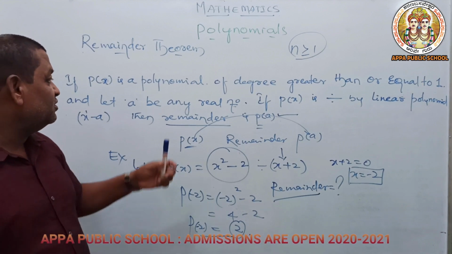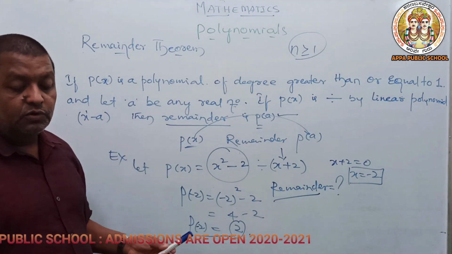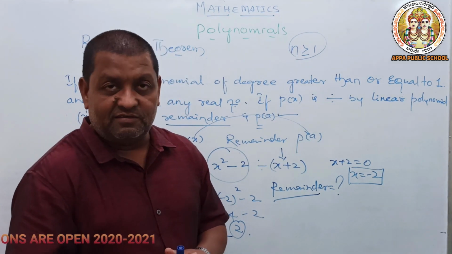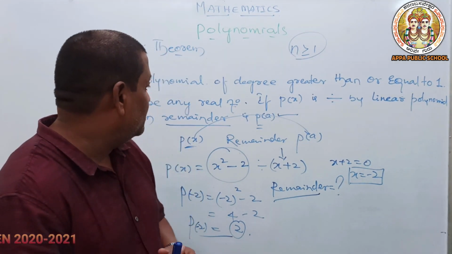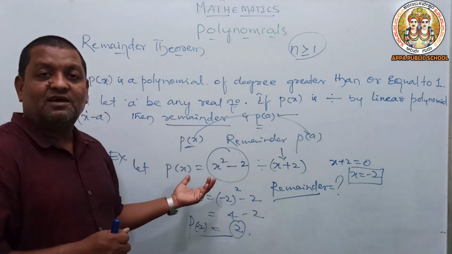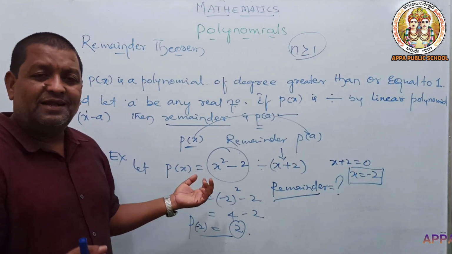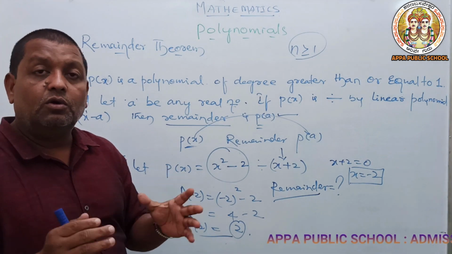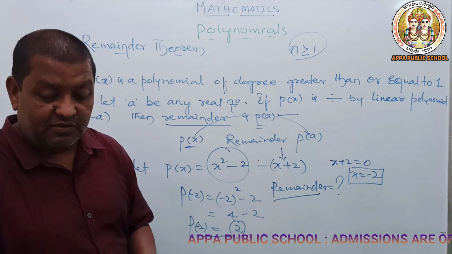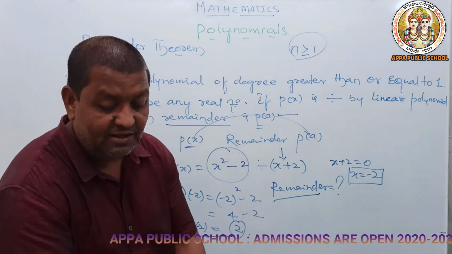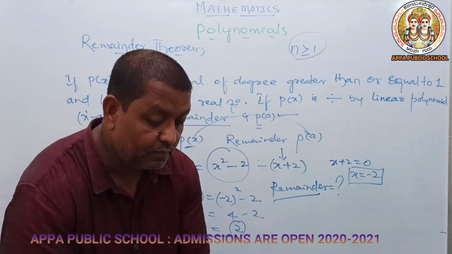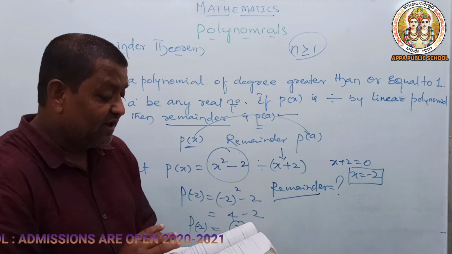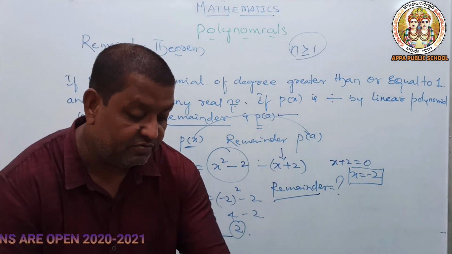Now on the basis of the remainder theorem, I am going to show some sums or examples through an exercise we taught already. By doing the exercise part, you get maximum idea of how to get the remainder without any long division method. So let me take that exercise sums. Exercise 2.3.